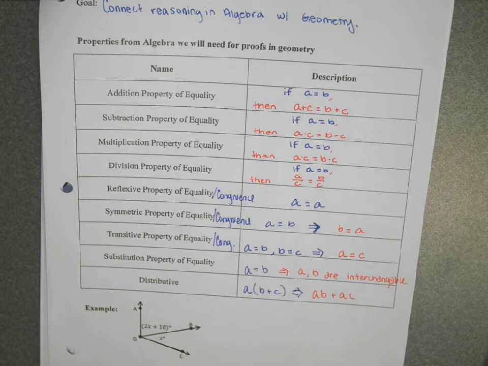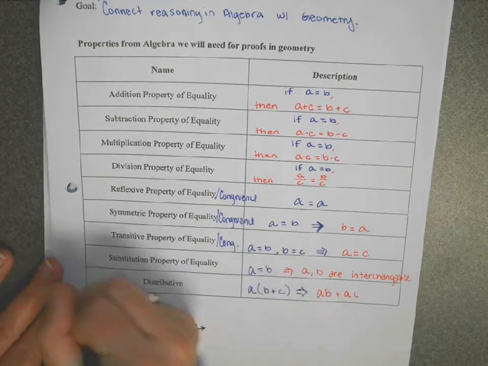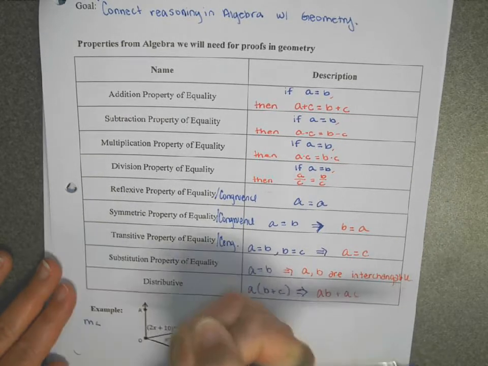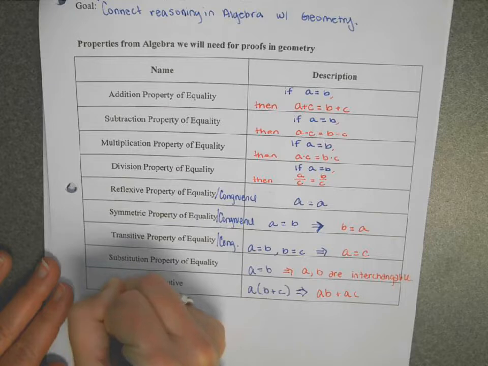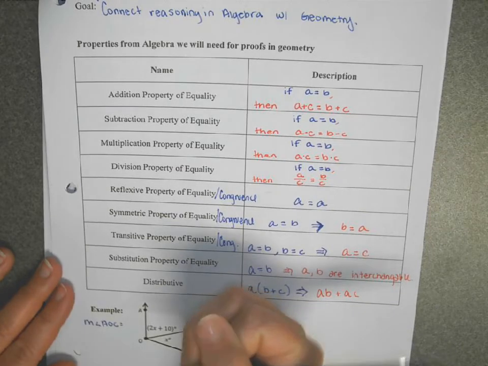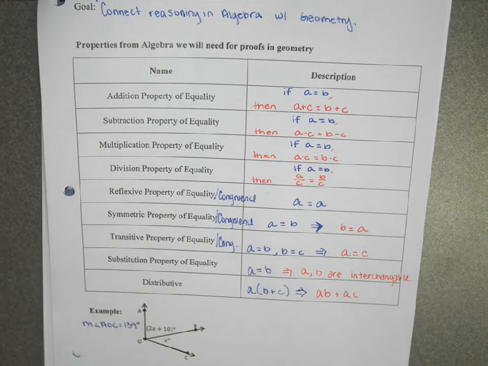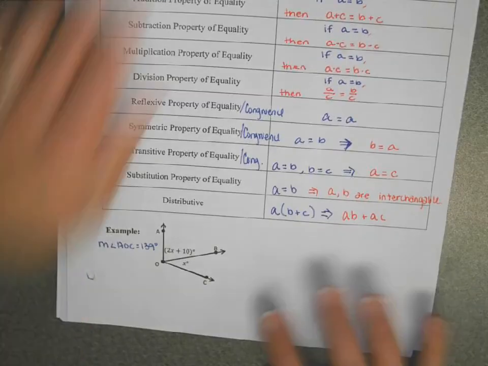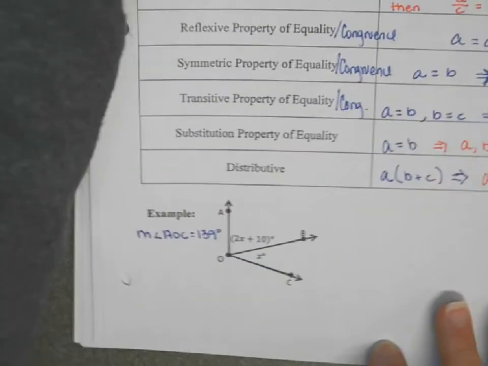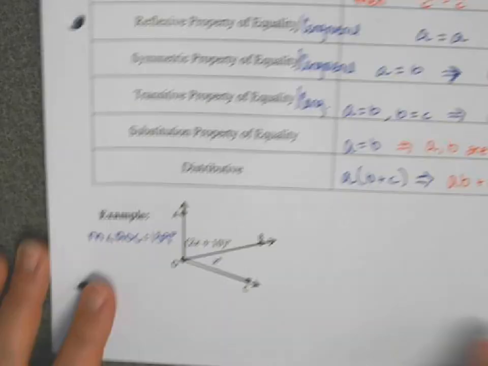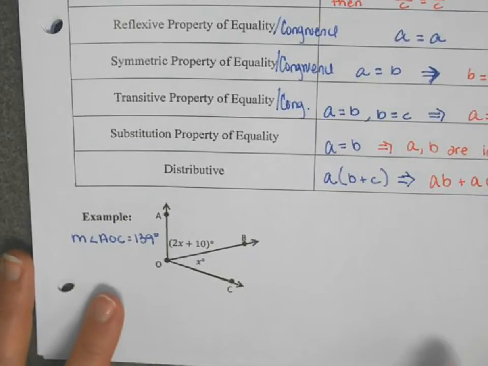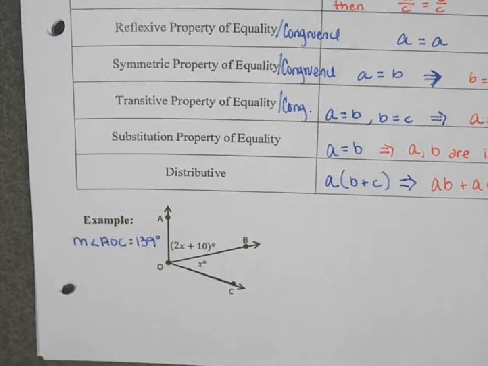So in this example, it's going to give us that the measure of angle AOC is 139 degrees. And then it has those two other angles labeled. We're going to figure out how to set this up and give reasoning for each of our steps.